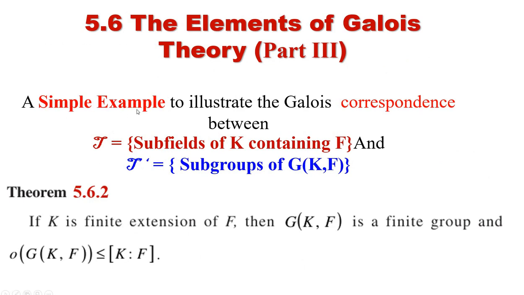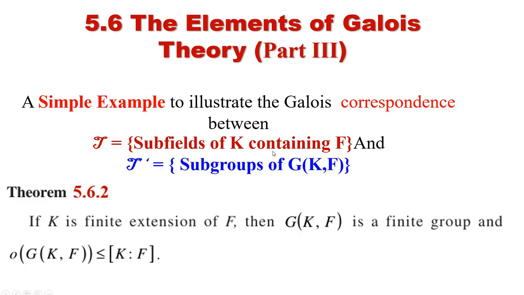Now in the next video, which will be part 3 of section 5.6, we will give one simple example, which will tell the relation, or the correspondence, between the collection of subfields of K containing F and the subgroups of G(K/F).